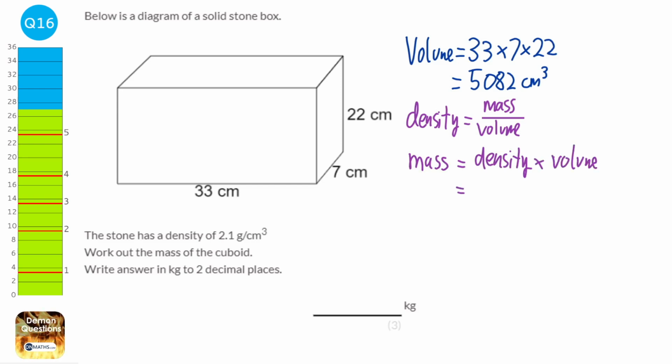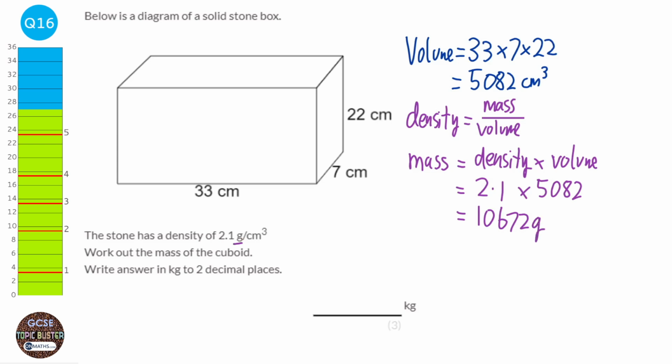Density is given to us in the question as 2.1 grams per centimetres cubed. Times that by the 5082 for the volume, and we get the answer of 10,672. And then that will give us grams, because our density is in grams, but the answer is asking for kilograms.